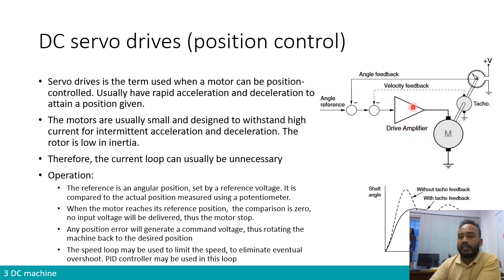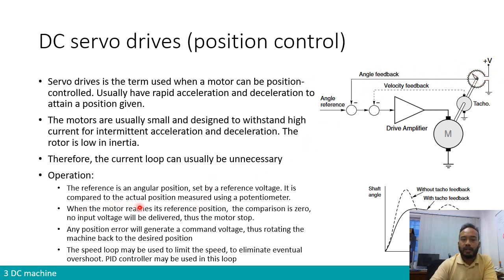So we have, of course, here symbolized by the amplifier, the driver amplifier, all the components we have seen just now. And how does it operate? It operates by first, of course, defining the angle or position of reference that we want to reach, and the reference is set by a reference voltage, which will later be compared to a real measurement.